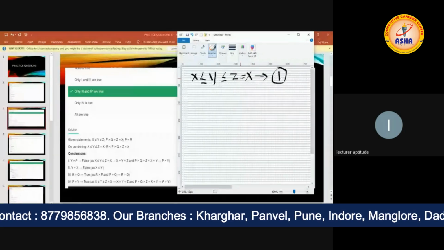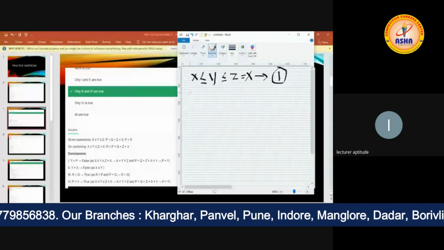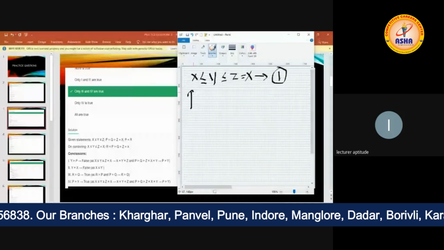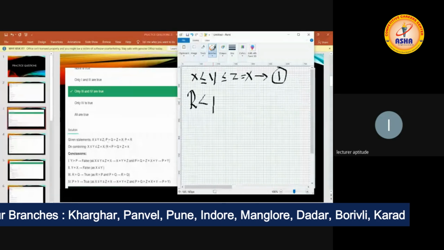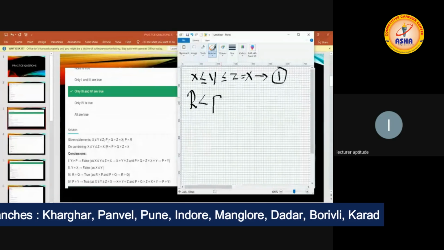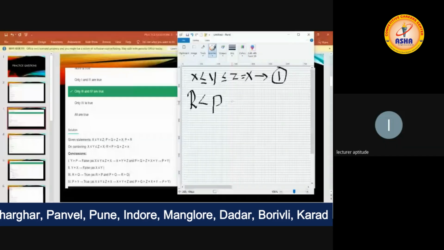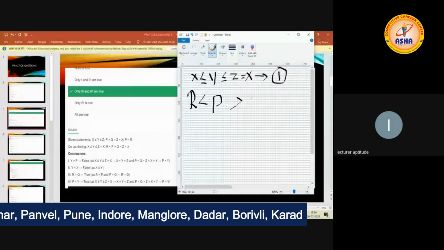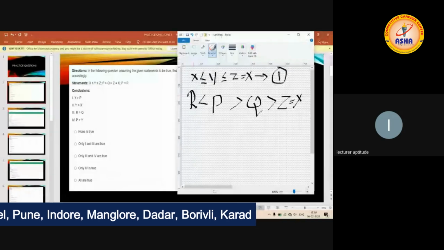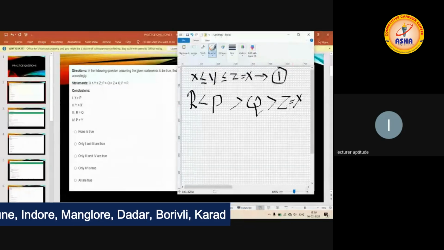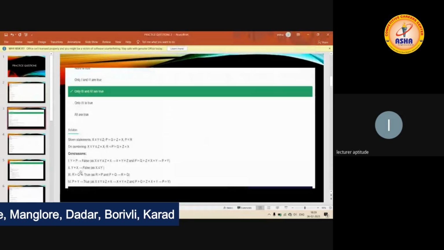Then we can write another statement, that is, from these two statements, R is less than P is greater than Q, that is greater than Z, that is equal to X. So in this question, we can combine these also, that is, what is the relation between R and P. So we can say that R is greater than Q or not.